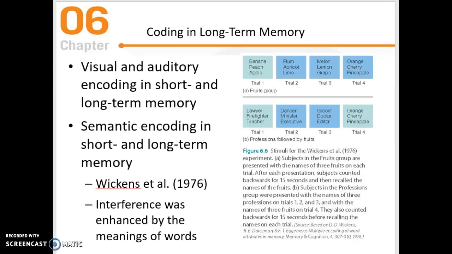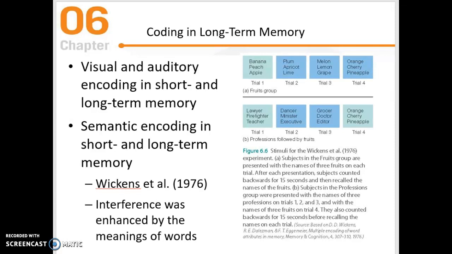This one experiment by Wickens in 1976 shows a few different things. In that first group, you'll see all of the stimuli presented were fruits. The subjects were presented with the names of the fruits, and then they had to recall them after a delay with some interference.